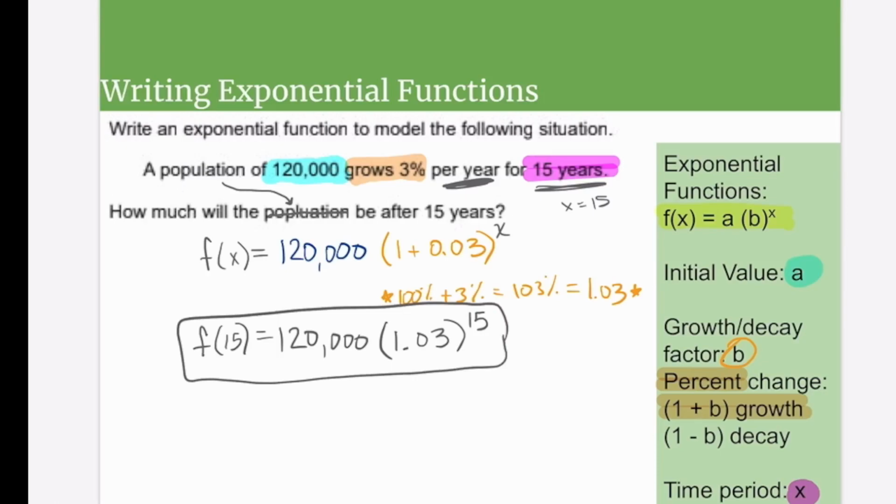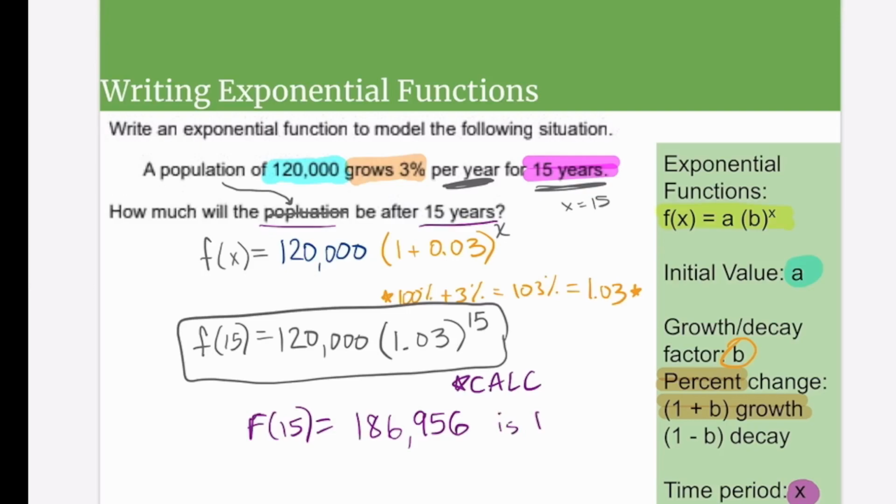So this part you would have to do in the calculator. If you type that into the calculator, you would get, if we round to the nearest whole number, 186,956.